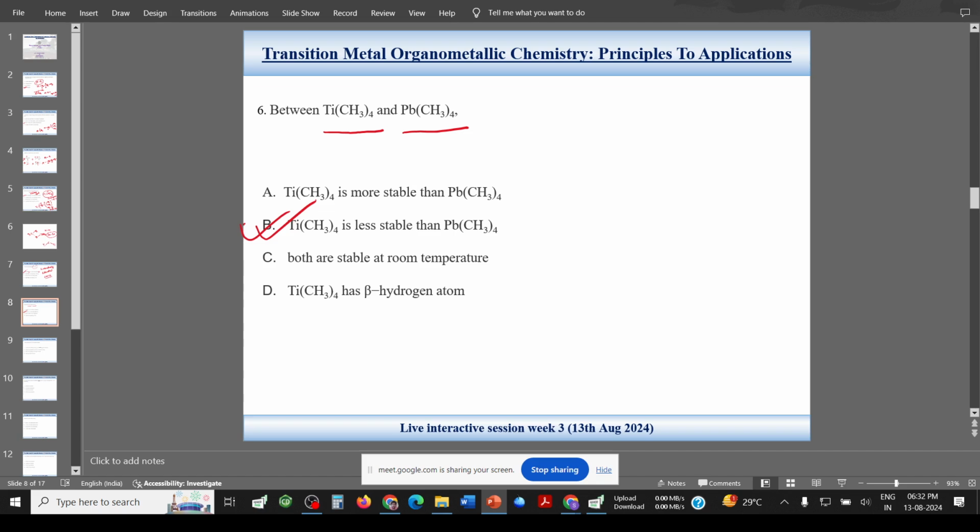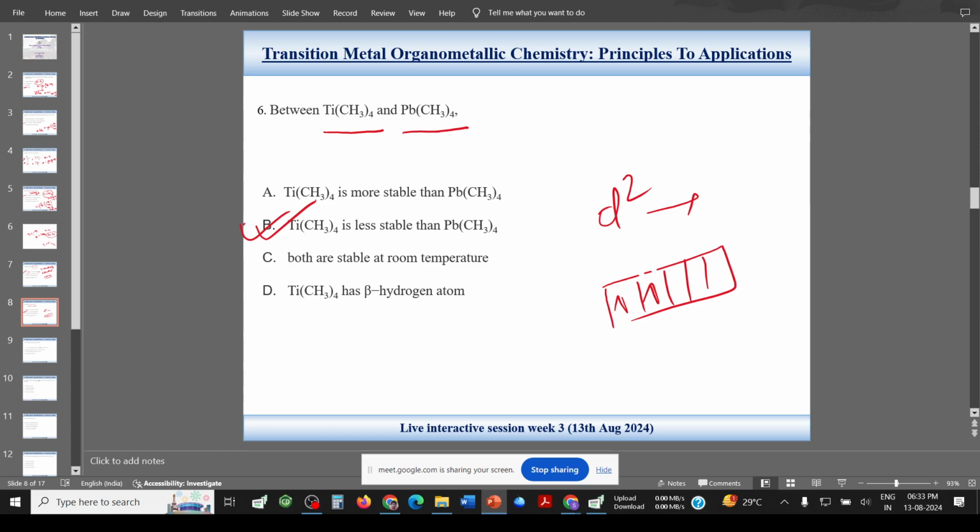Titanium is a transition metal and it has a d0 system, so it can accommodate more electron density from the methyl group.